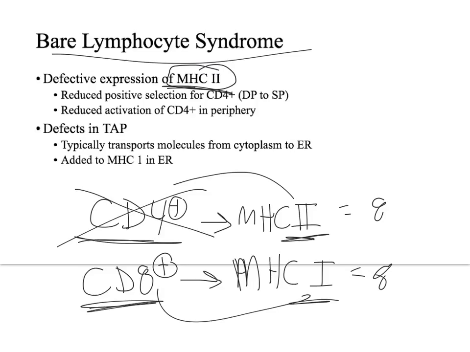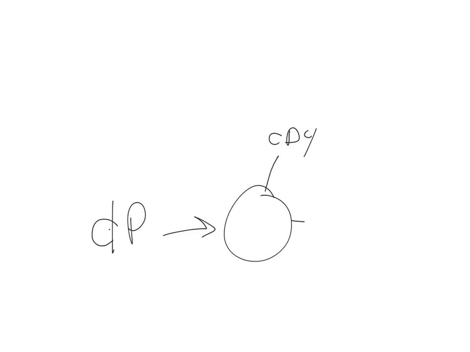The other thing is, you're not even going to develop CD4 T cells. So you remember in the development, you're going to start producing double positive T cells. These double positive T cells are going to express CD4 and CD8 on their surface.